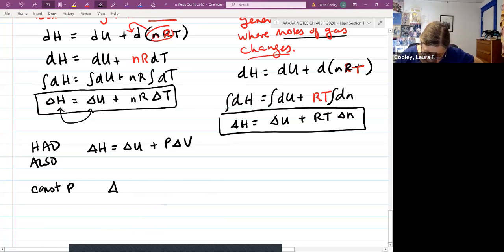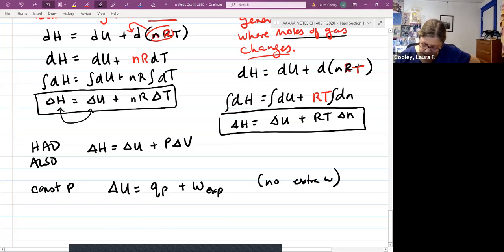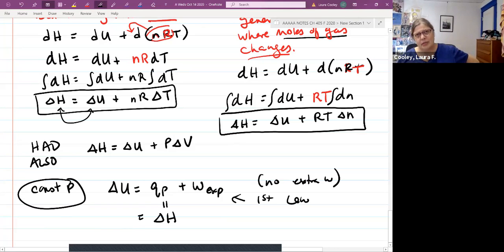Delta U is QP plus W expansion, right? We have no extra work. So this is the first law. And that's delta H because the pressure is constant. QP is equal to delta H plus the work of expansion.